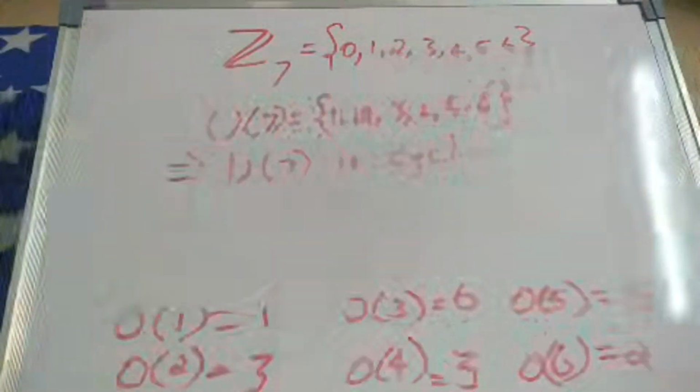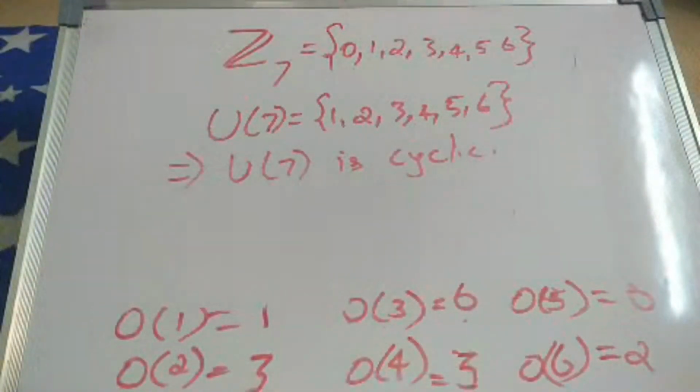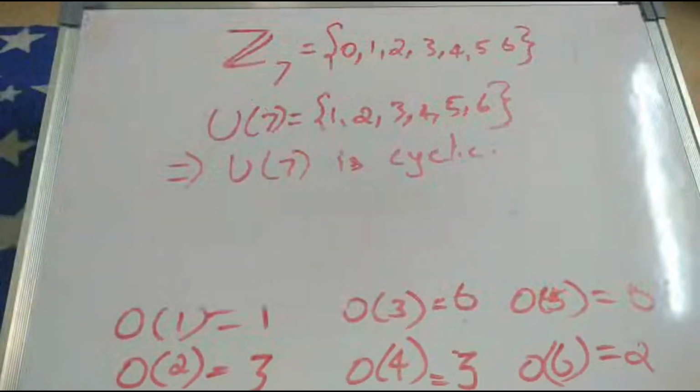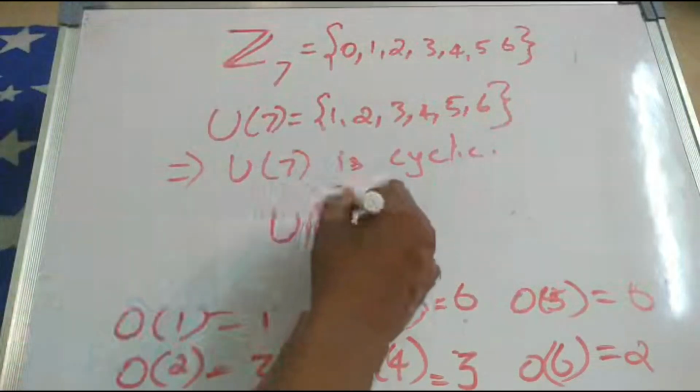Am I clear? So U of 7 is cyclic, but already we saw whenever we have a group to be cyclic, and if it is of order n, it must be isomorphic to Zn. So can you please tell what U of 7 is isomorphic to?